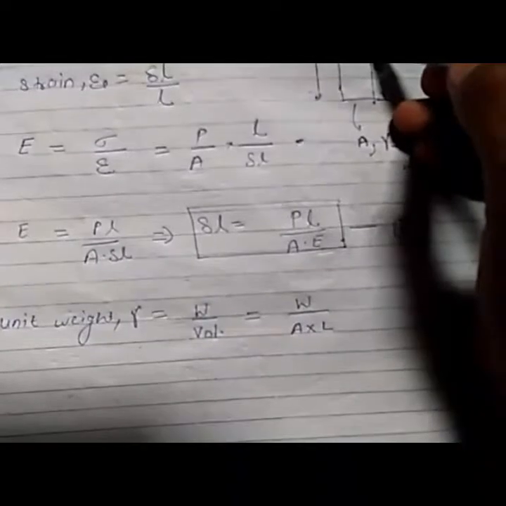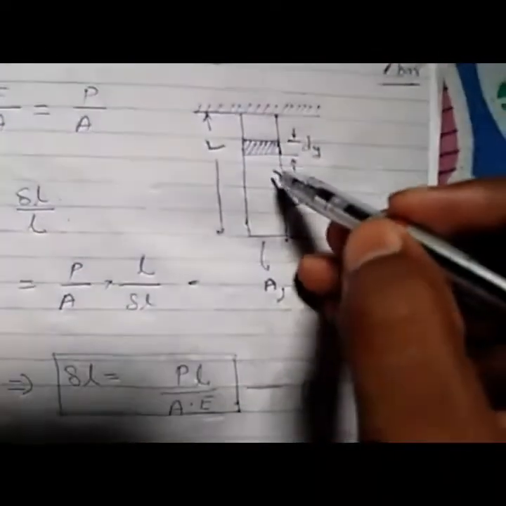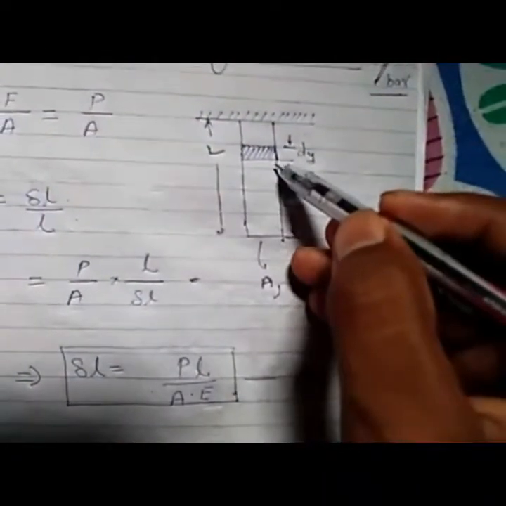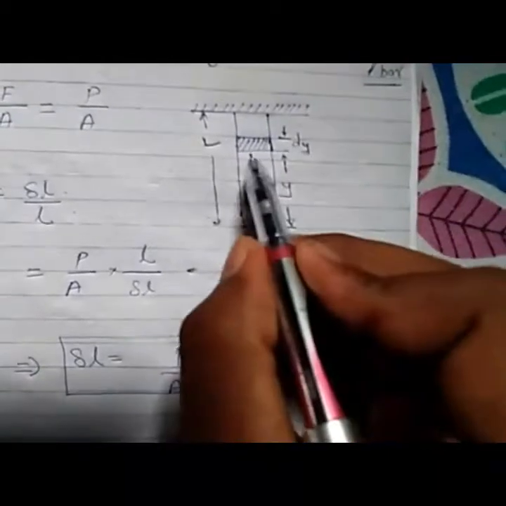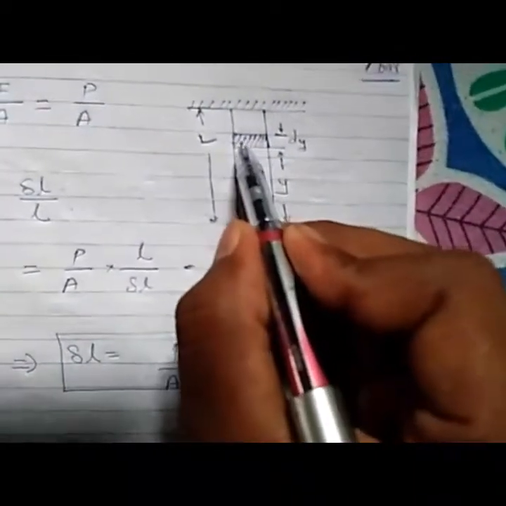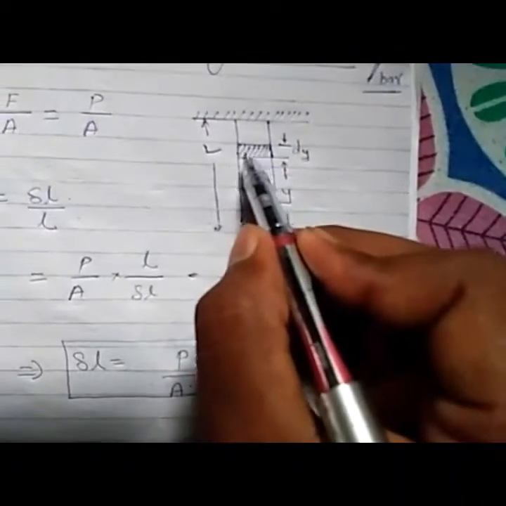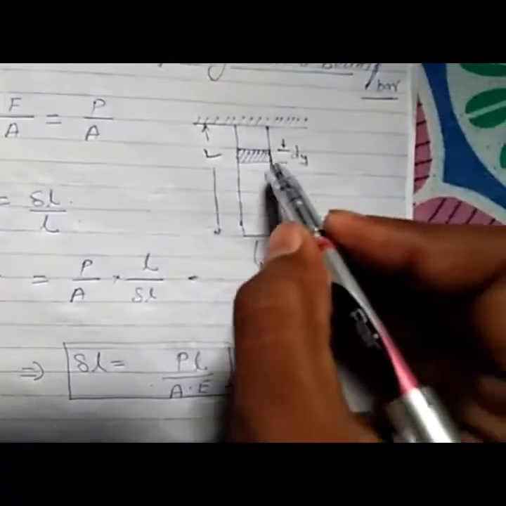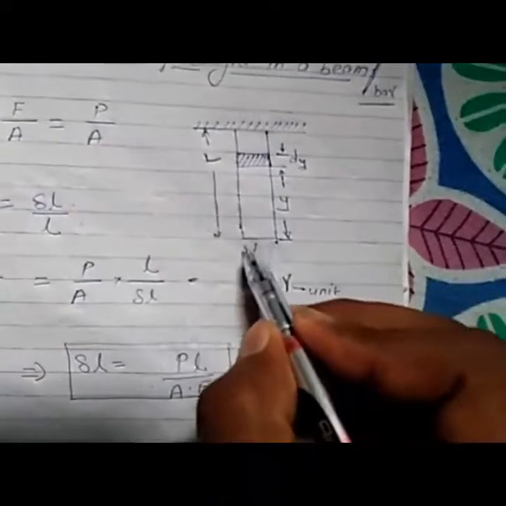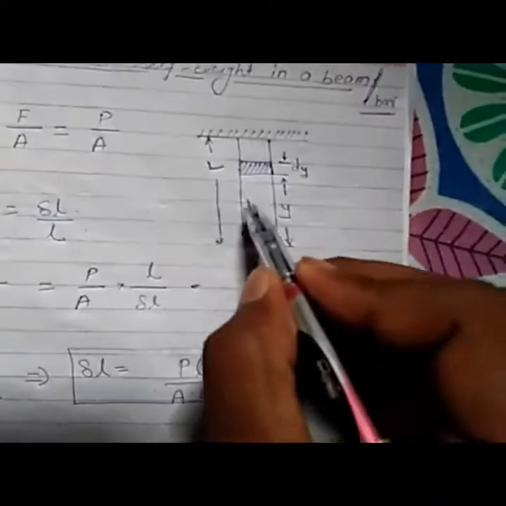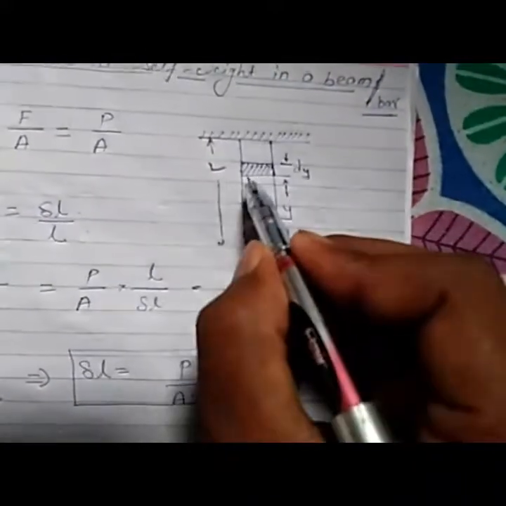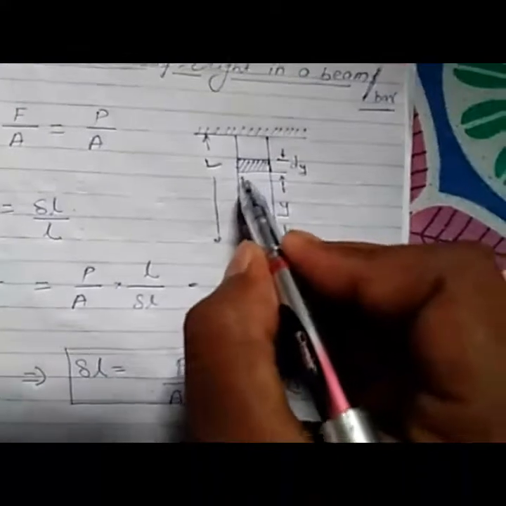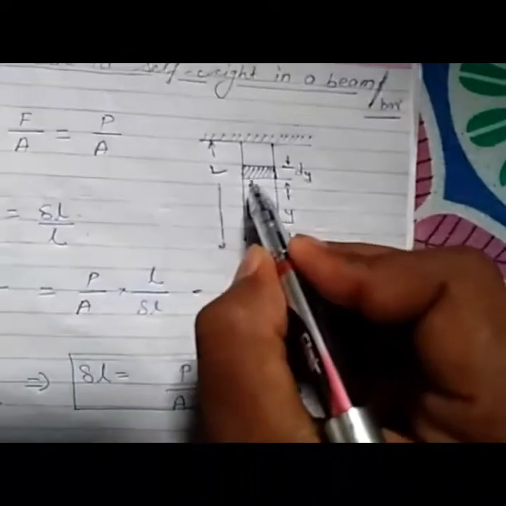And for this condition, for this thin strip of the bar, the load applied is equal to the weight of the section of the bar below this strip.